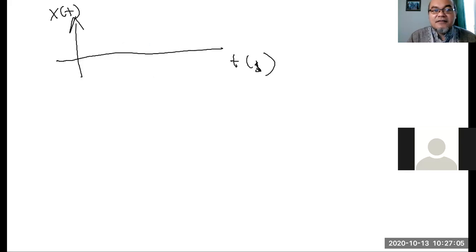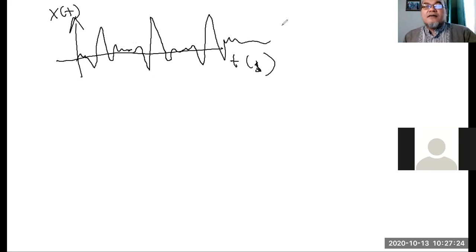Now I erase everything. Let's say, for example, this is an ECG signal. We have here P, Q, R, S, T. The original signal in biomedical signals is continuous. What does it mean to be continuous here? This is an analog signal.